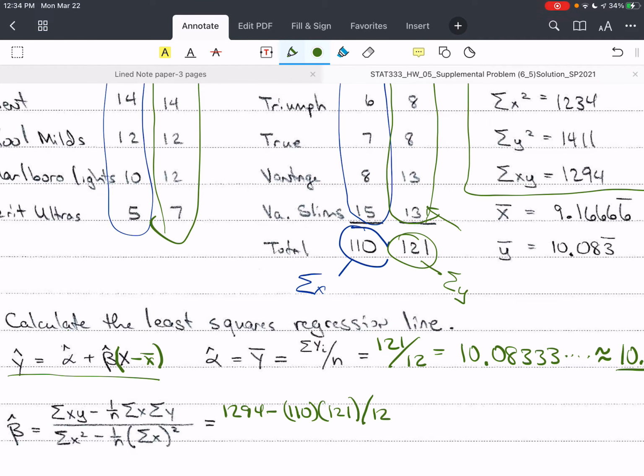Now I can do this in the calculator. This 12 divided by 12 is only going to divide these two numbers because this minus sign separates it. If you wanted to divide the whole numerator, you'd have to use another parenthesis. Okay?